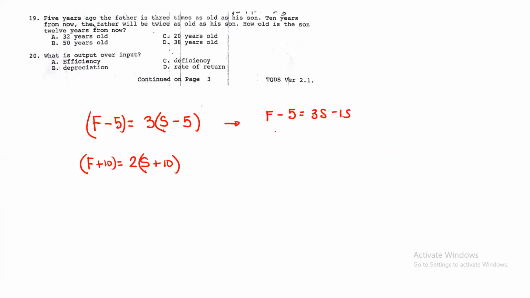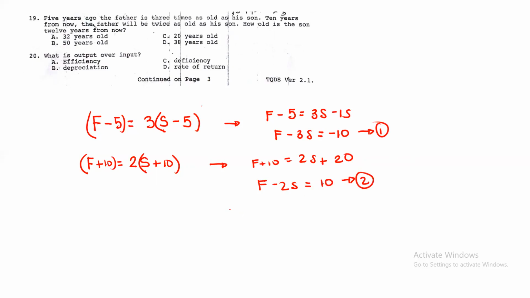So, magiging F minus 3S is equal to negative 10. Ito yung equation 1 natin. Then, ayusin rin natin tong pangalawa. F plus 10 is equal to 2S plus 20. So, magiging F minus 2S is equal to 10. Ito yung equation 2.